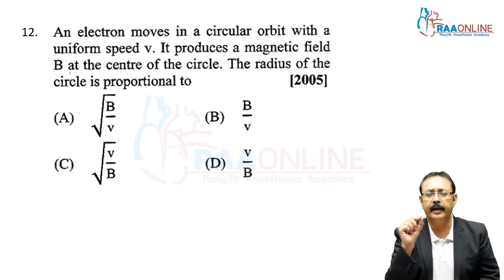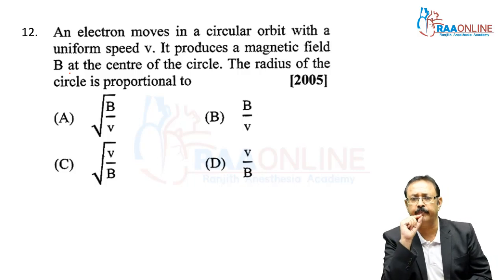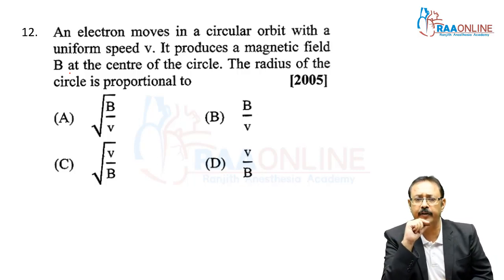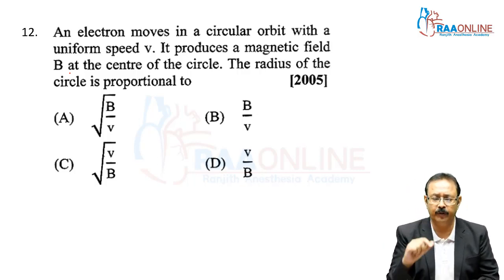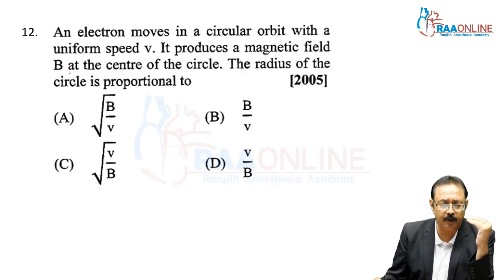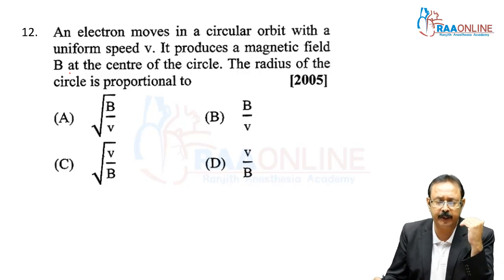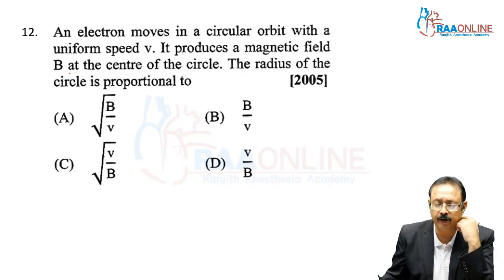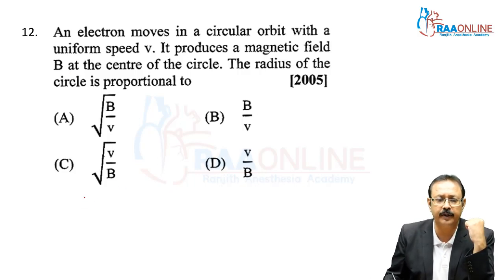Next, an electron moves in a circular orbit with a uniform speed v. It produces a magnetic field B at the center. The radius of the circle is proportional to. We know that when a particle enters a circular orbit with uniform speed v, it behaves like a circular coil.